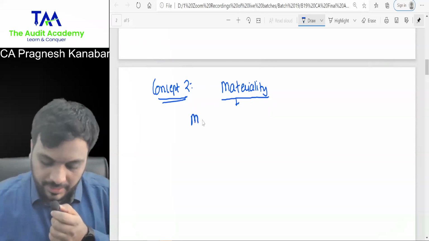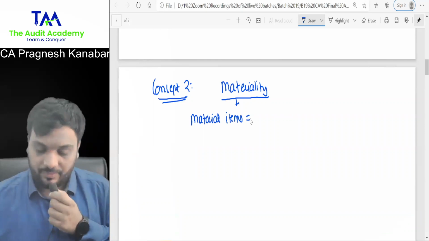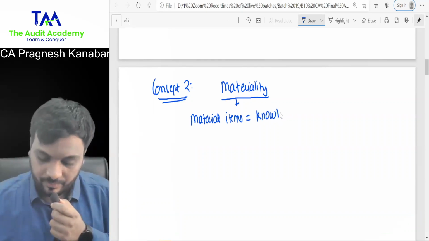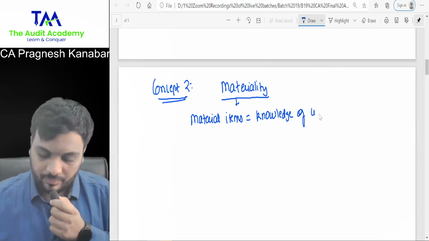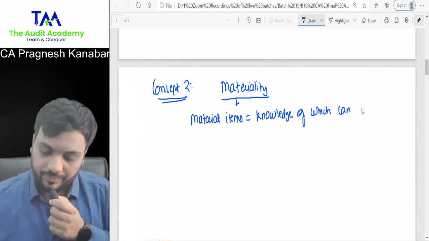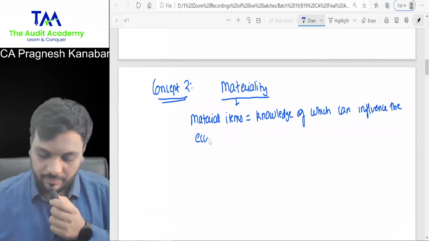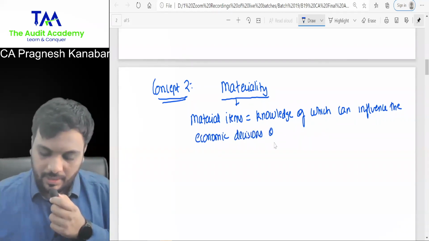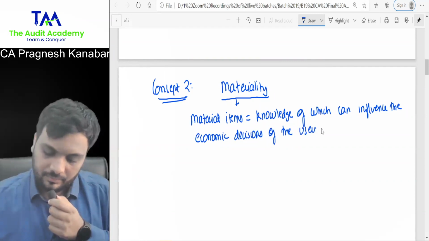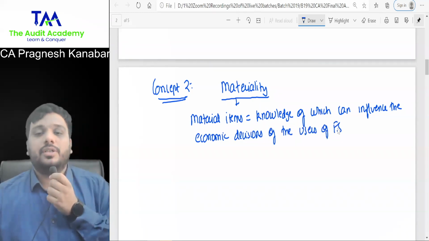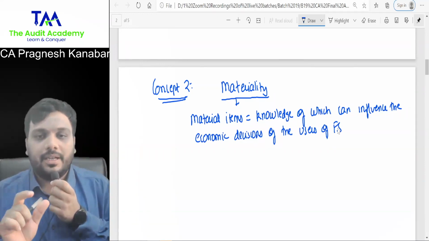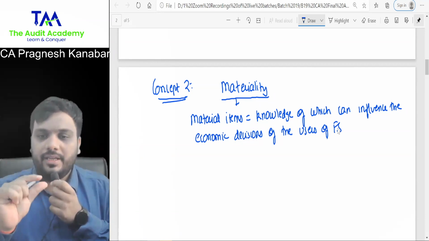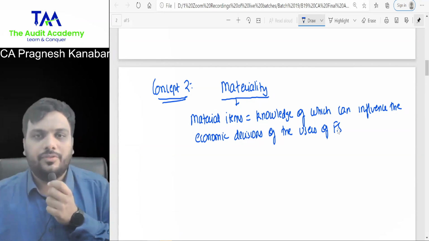So everyone understands that material items are such items the knowledge of which can influence the economic decisions of the users of financial statements. Material items are such items, the knowledge of which can influence the economic decision of the users of financial statements.